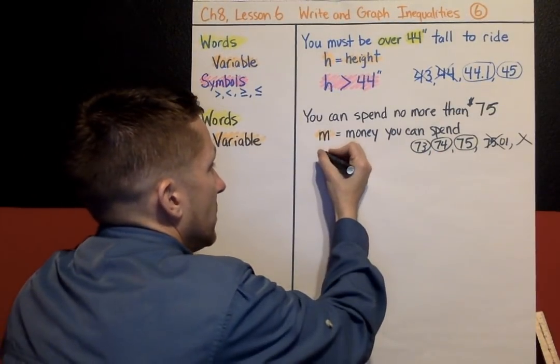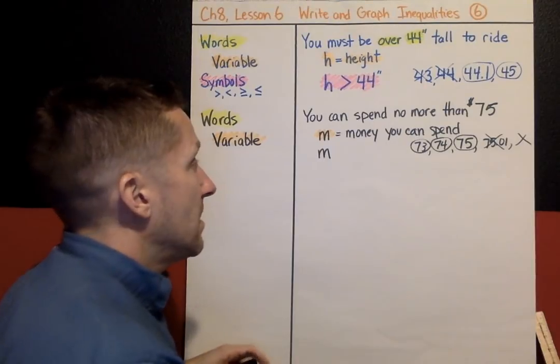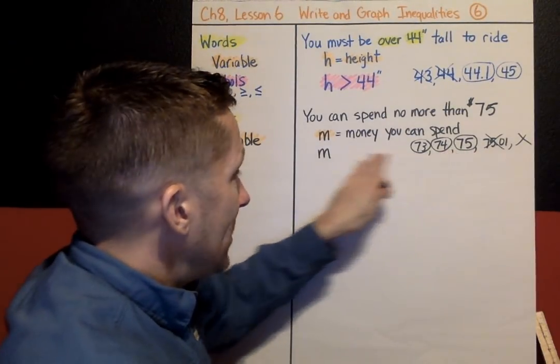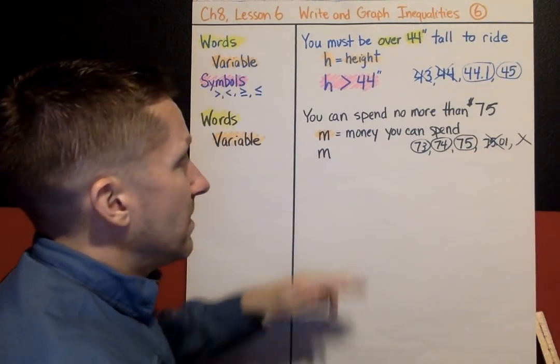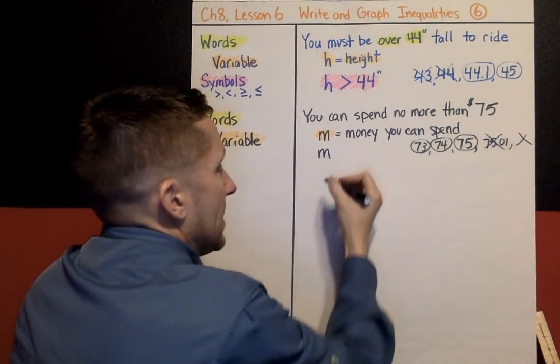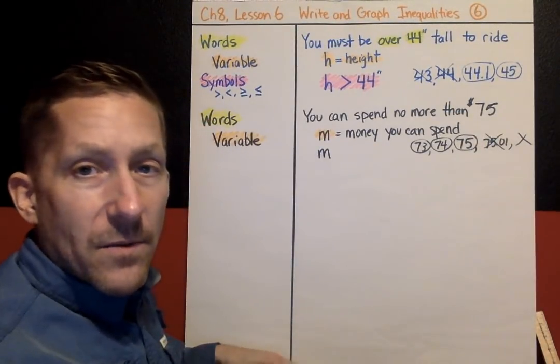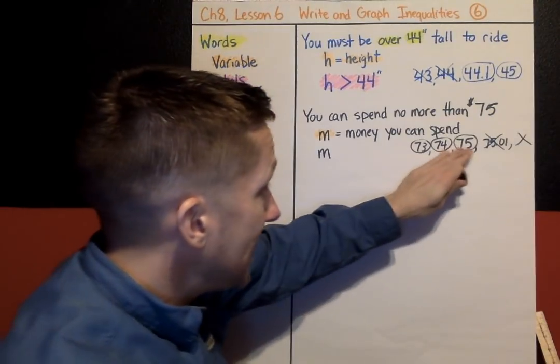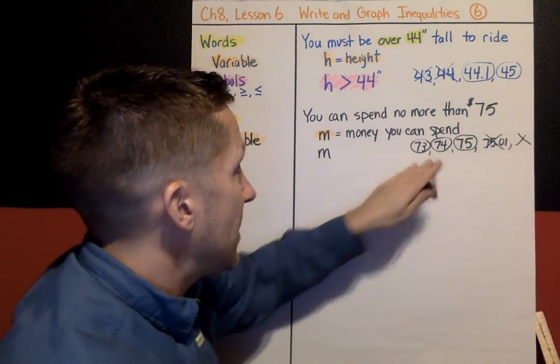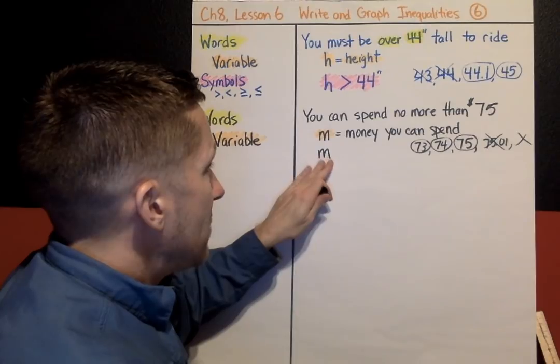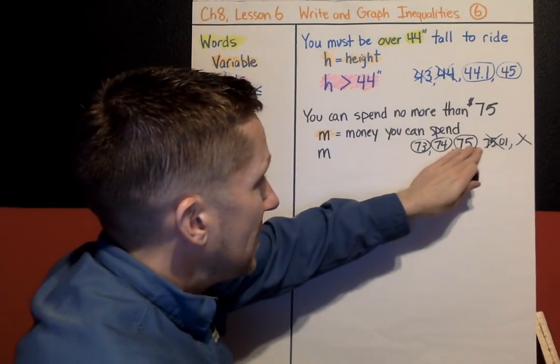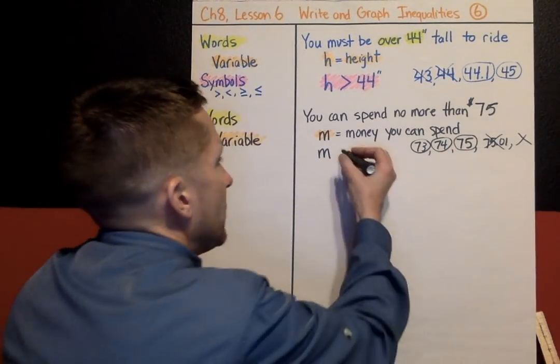So I'm going to start with my money I can spend. So think about what symbol is going to work in here. And again, you might get the wrong symbol, but what you're going to do is test it with these numbers and see if they fit. The amount of money you can spend has to be less than 75.